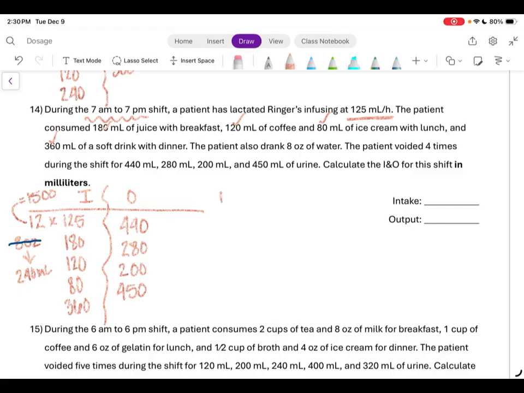So then we'll have 1,500 plus 180 plus 120 plus 80 plus 360 and then plus 240. And that's gonna be my intake, which is 2480. My output, just add these 4 up, and it's gonna be 1370.